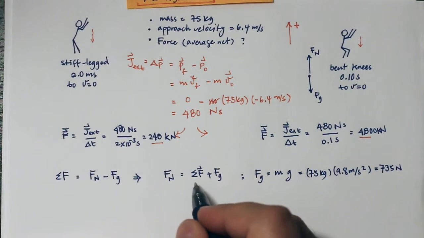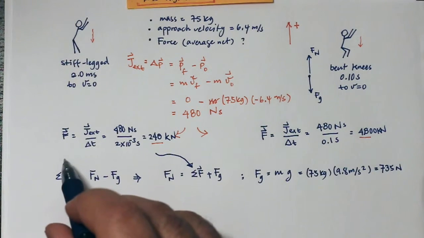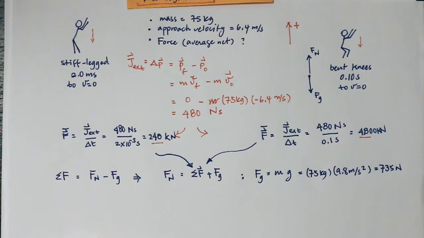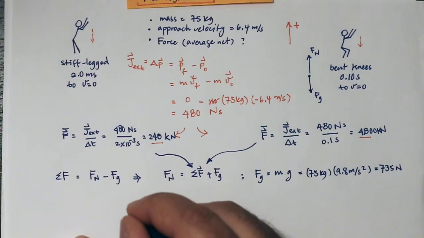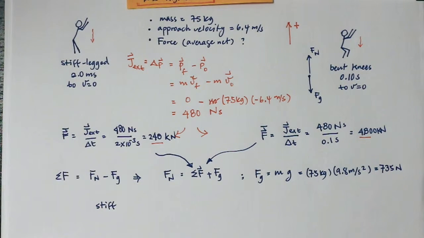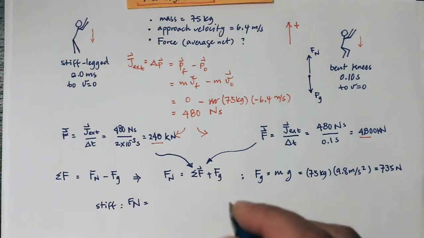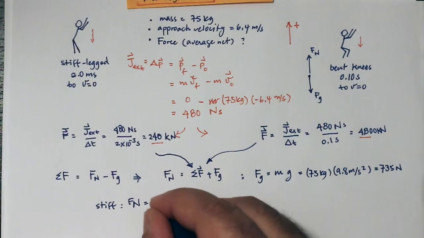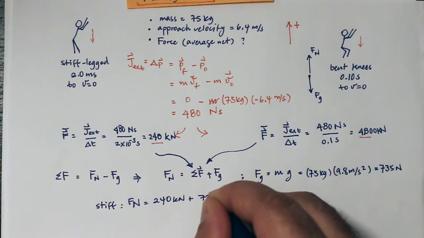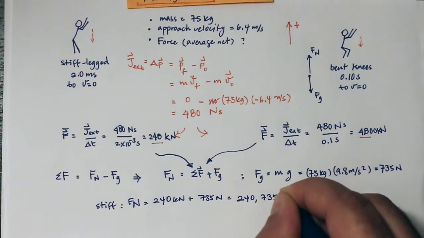So then, if I know that this is the net force, whether in this case, the stiff-legged case, or in the bent knees case, it's 4.8 kilonewtons, then I know that in the stiff-legged case, I can calculate that the normal force is going to be equal to 240 kilonewtons plus 735 newtons. So that's equal to 240,735 newtons.